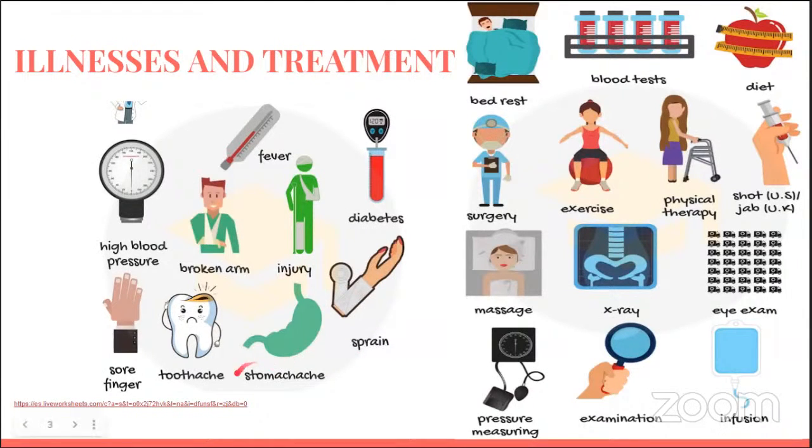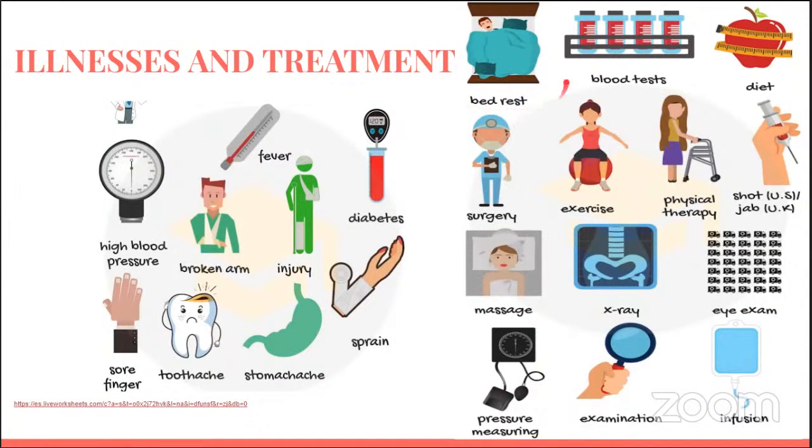Stomach ache. Dolor de estómago, más o menos. Yes. Toothache. Dolor de dientes o muelas. Sore finger. Ese no sé. All right. It's a pain in the finger, in one of the fingers. Okay. And here are some treatments like bed rest.